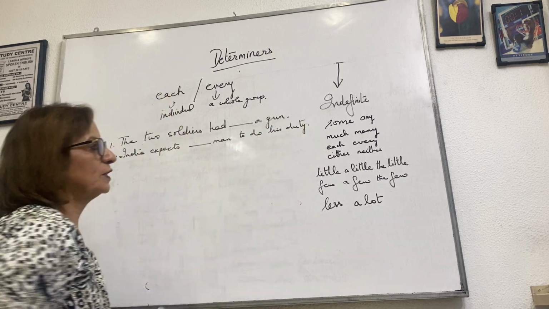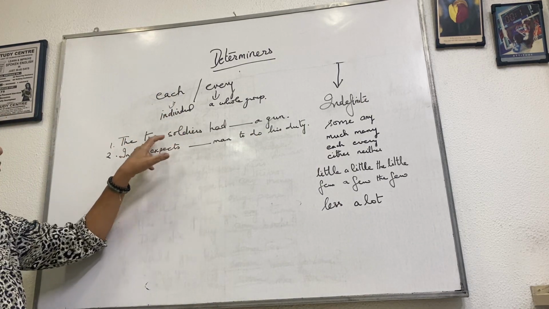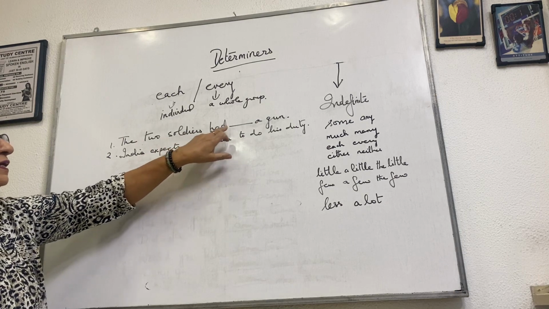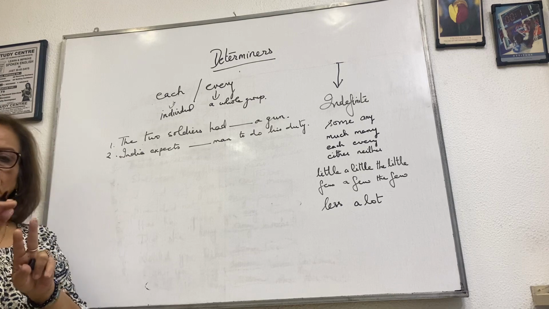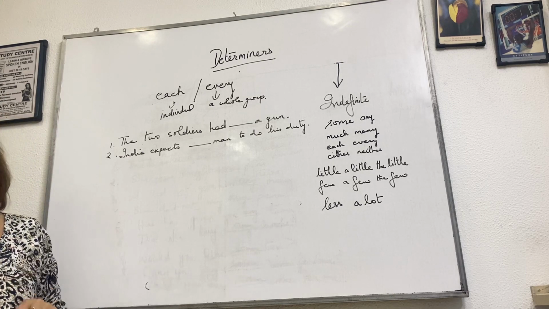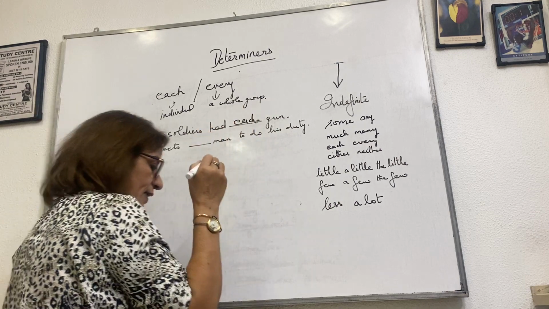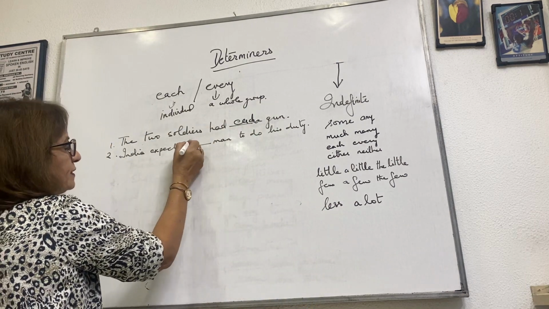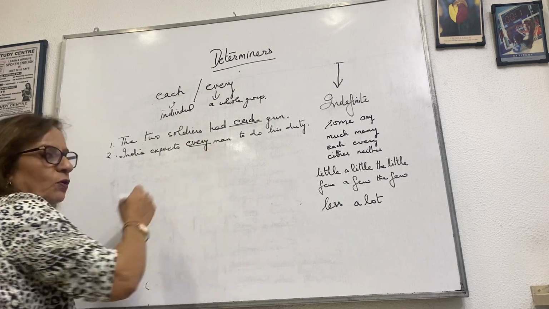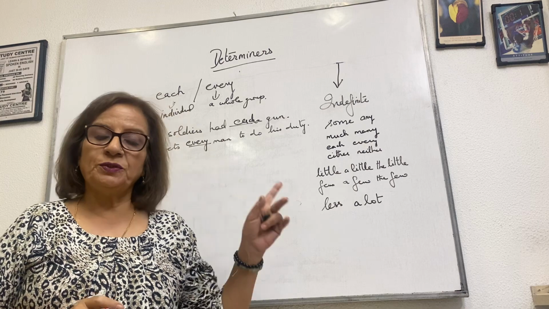Now there are two sentences using each and every. Each for an individual. The two soldiers had each a gun means there are two of them, but both of them had one gun in their hand. And second one, India expects every man, all Indians, to do their duties.